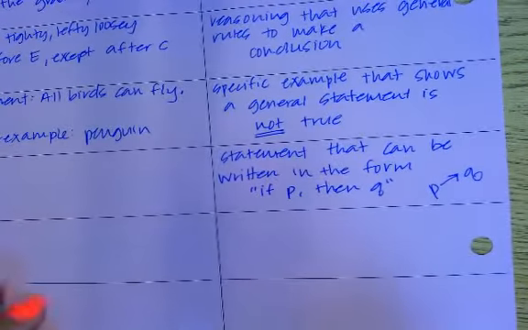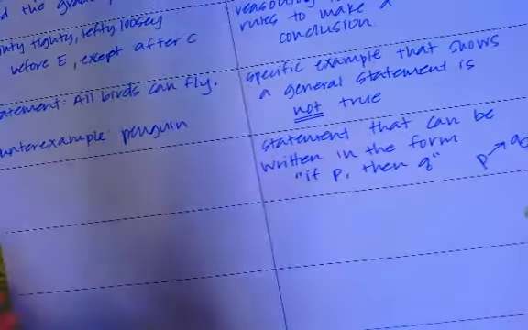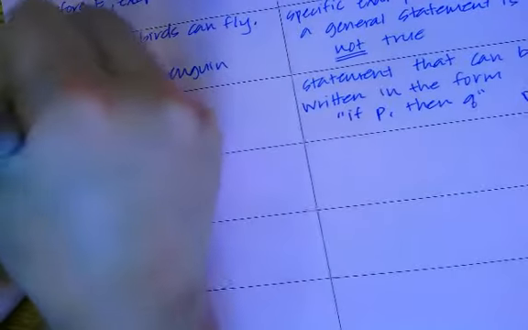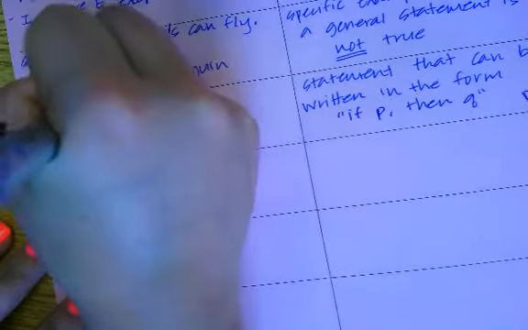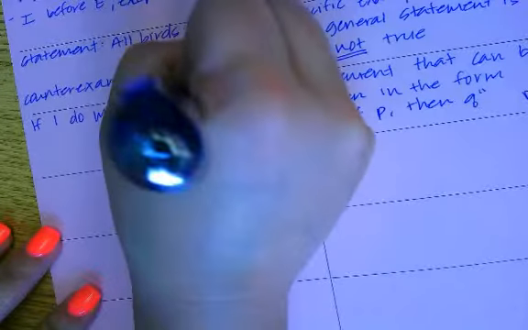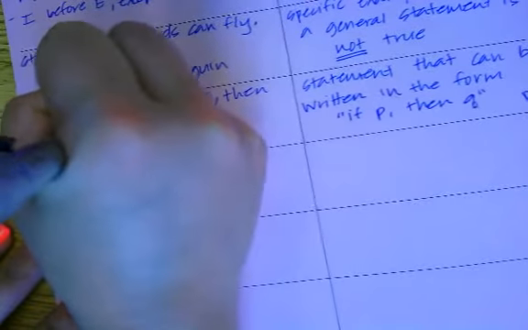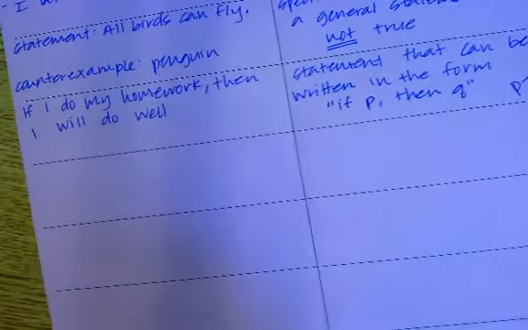So, our conditional statement that we're going to use on the rest of these examples, okay, is if I do my homework, then I will do well on my test. Do we have to use this example? I mean, I'm going to use the same example all the way down, but if you want to make your own, you can. I am.